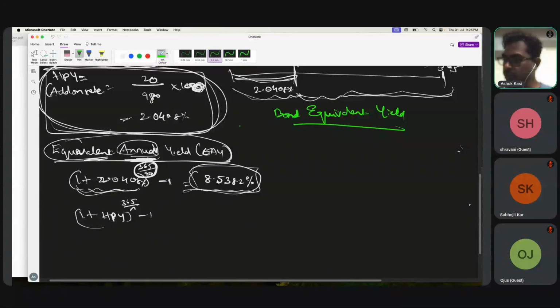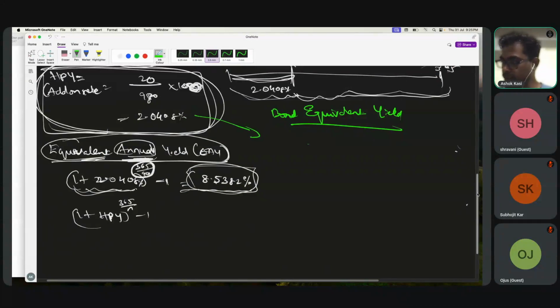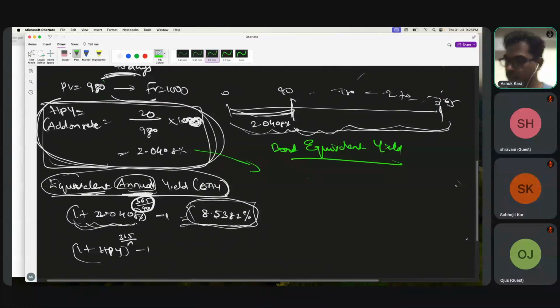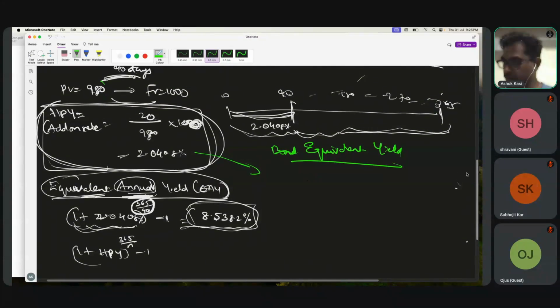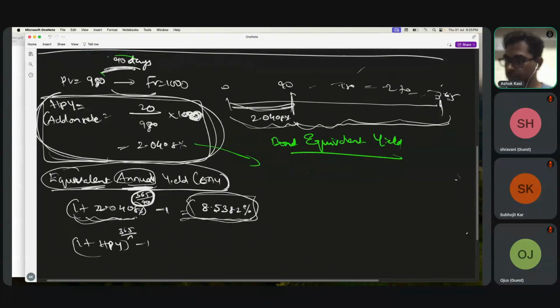Accrued interest. See, this is the base I told you. In 90 days the return is 2.0408 percentage.